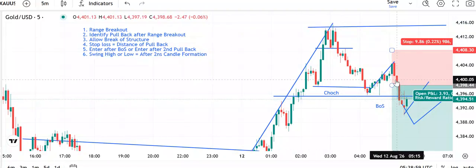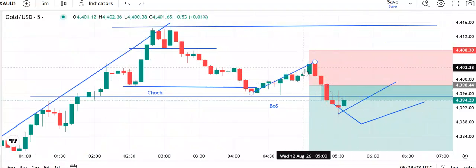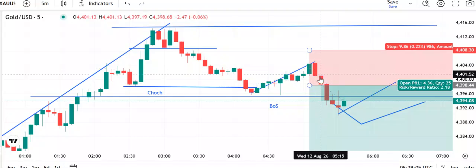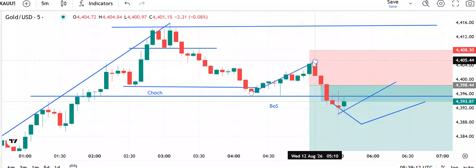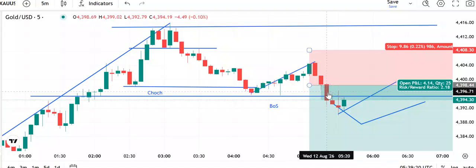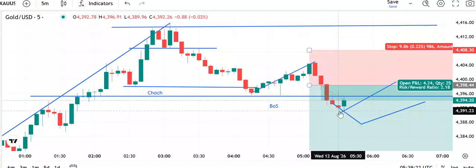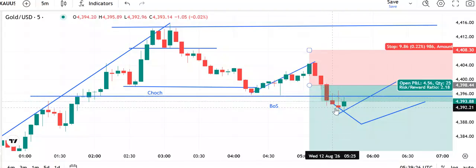Now this is a second candle formation, 1, 2, for this particular swing high. So after this candle closes, then I presume that this is my swing high, and I even entered after the second candle closure, anticipating that price is going to drop further to break this structure, which already happened.